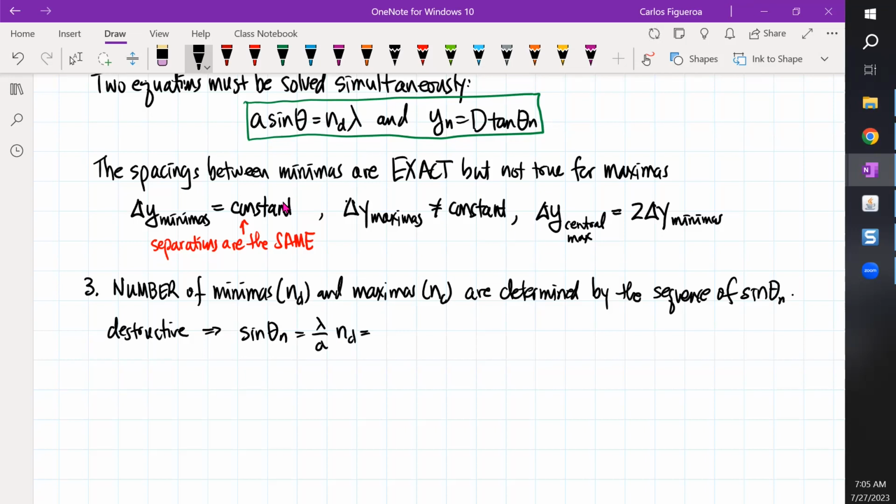So it starts to go plus or minus lambda over a, and then I'm going to go 1. Then plus or minus lambda over a, then I'm going to go 2, and you can see that the sequence continues until sine of theta n is greater than 1. Then it gives me the maximum value of nd.